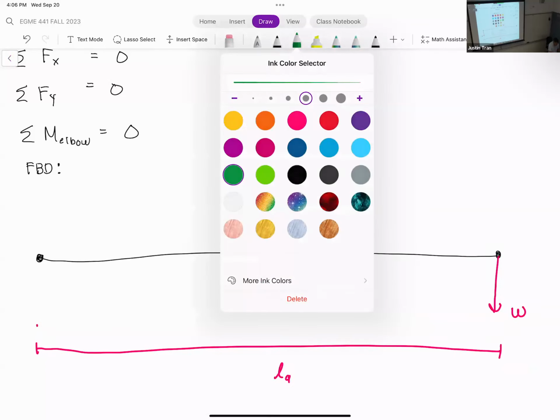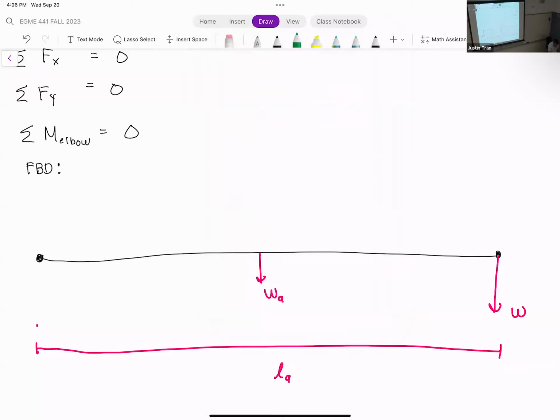All right. Then from there, we have all the muscle forces. So we have FM1, and that's acting at an angle of theta M1 relative to the arm itself. Next, we have FM2, and that's acting at an angle of theta M2.